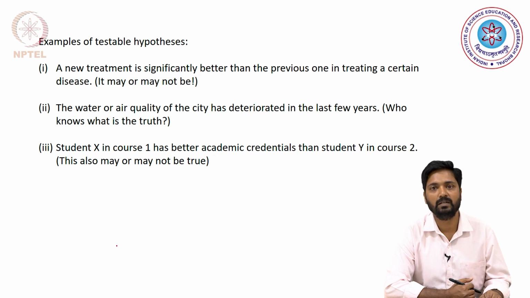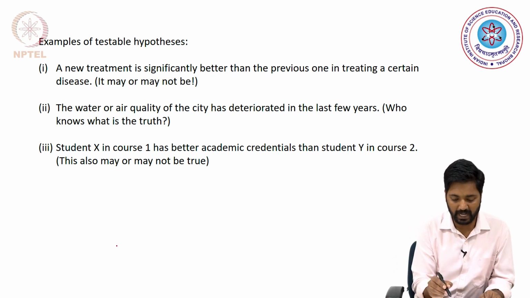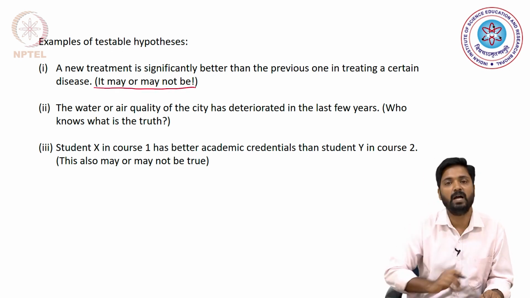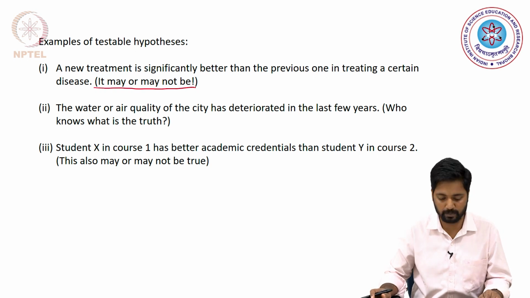To test that, we will propose the hypothesis that the new treatment is significantly better than the previous one in treating the disease. However, as is written here, this hypothesis may or may not be true, and we need to test this hypothesis for its truthfulness.